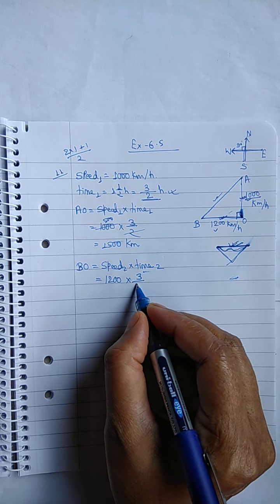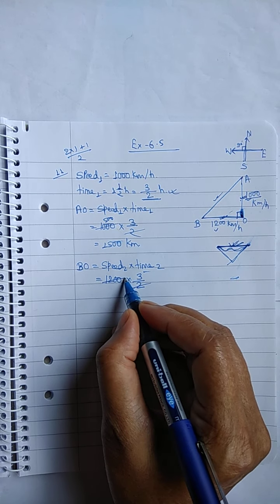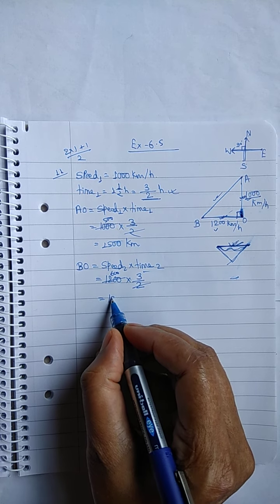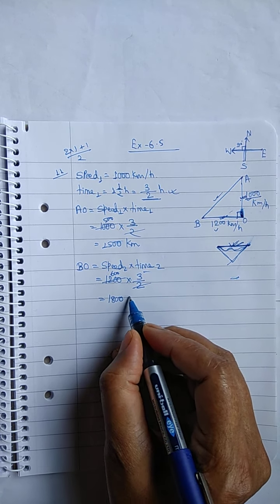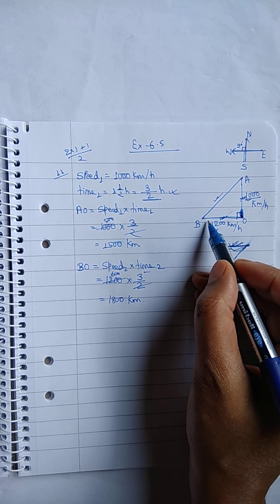So this is also 3/2. 2 into 6 is 12, so 6 times 3 is 18. So this is 1800 kilometers that aeroplane 2 covered.